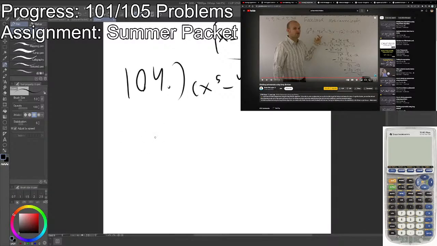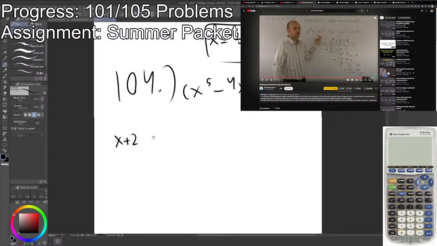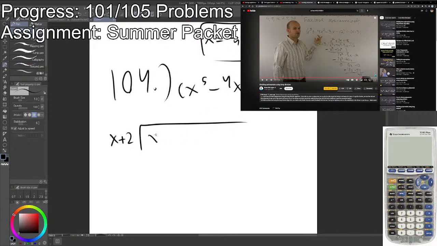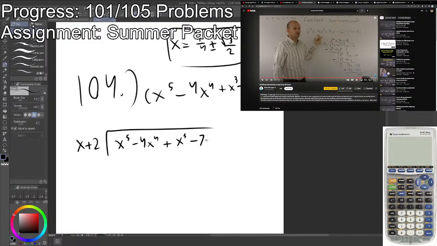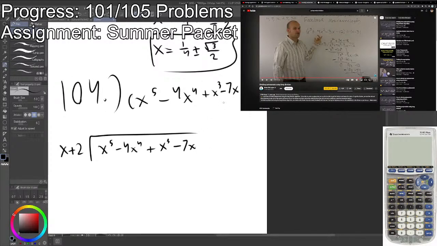So I'll rewrite this. x plus 2 into x power 5 minus 4x power 4 plus x power 3 minus 7x. Is that plus 1? I can't even read my own writing. Plus 1. Okay.